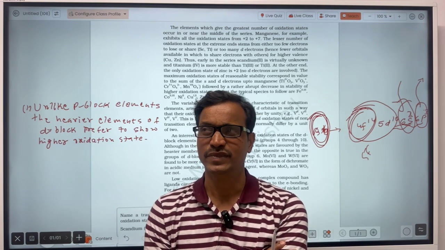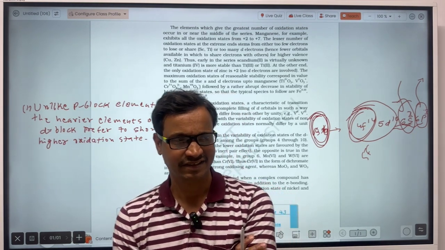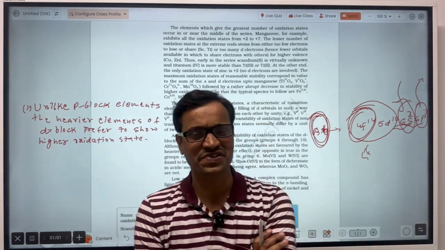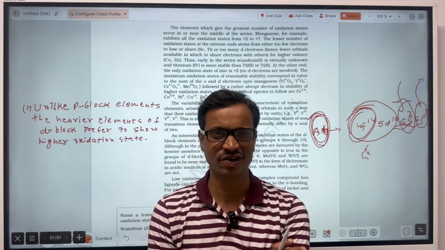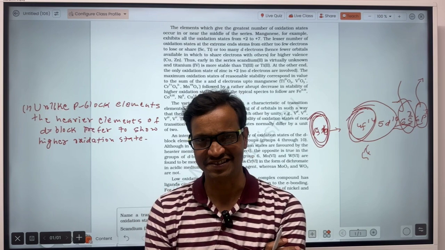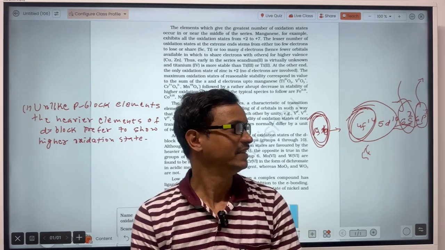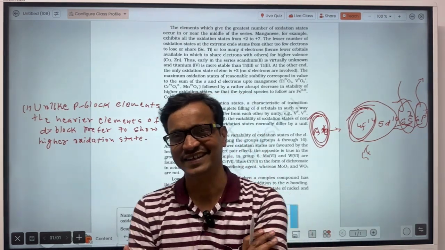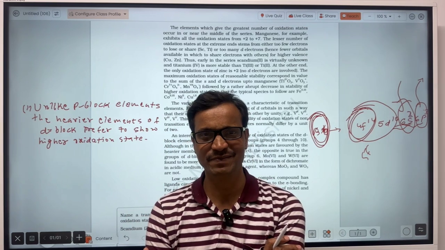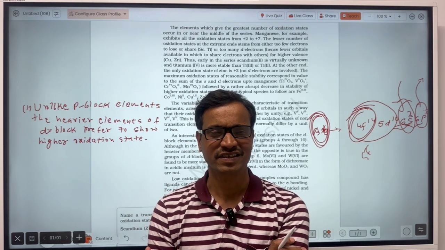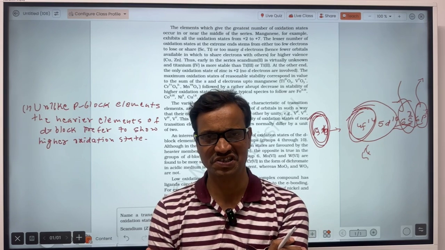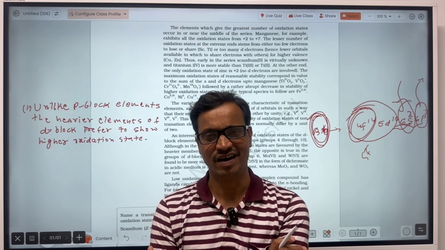But when energy is provided, the electrons from 6p can be released, but the electrons from the s orbital will not be released, and hence there are 2 electrons remaining in the s orbital. Hence the heavier elements will show an oxidation state 2 units less than the maximum oxidation state shown by other elements of that group.